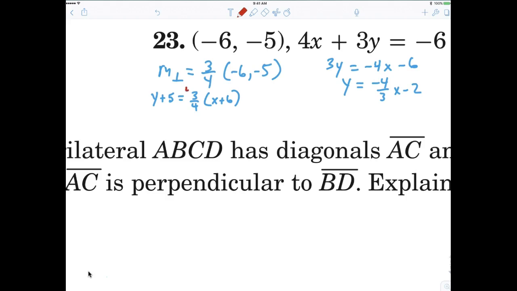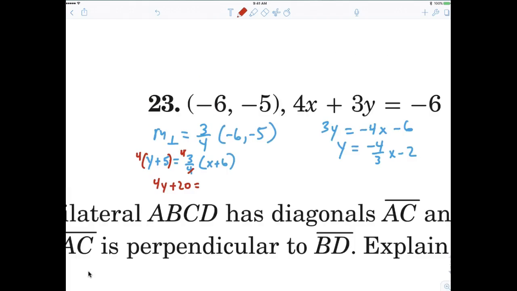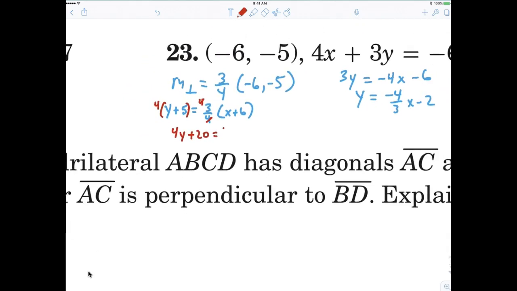Got to get rid of the fraction, multiply by 4, multiply by 4. When I do that, this crosses out, distributing the 4y plus 20 equals 3x plus 18. Getting x and y on the same side with the x being positive would give me 3x minus 4y equals 2.